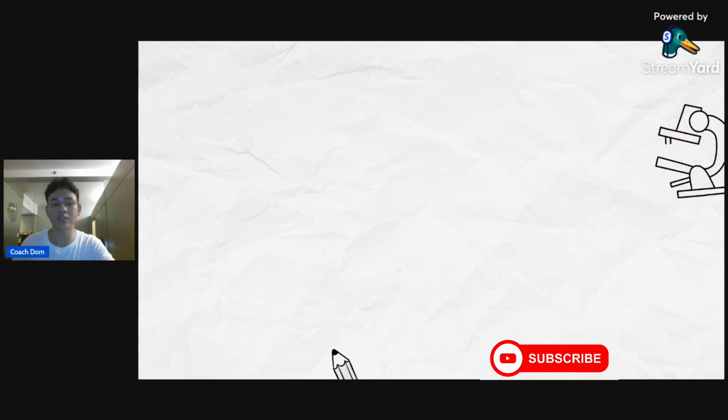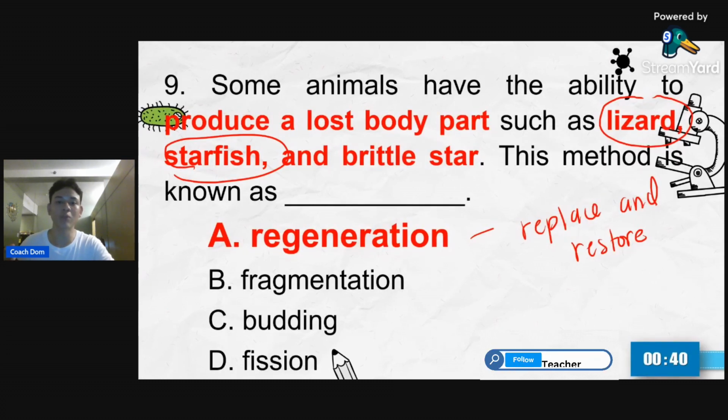Another example sa starfish natin, if puputulin mo yung paa ng starfish, yung paa na pinutol mo, magiging starfish yon. And that is what we know as regeneration. Sa lizard naman, if puputulin mo yung tail niya, hindi siya magiging lizard, yung tail. But yung naputol dun sa part ng lizard, there will be another developing of a tail.